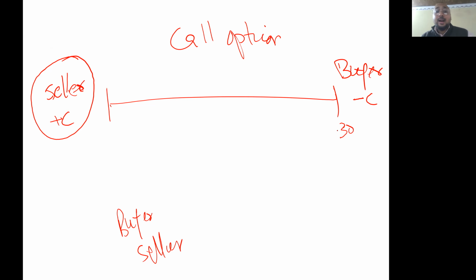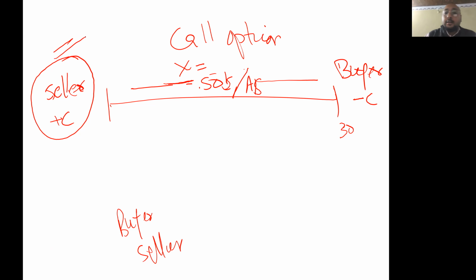Because I bet that after 30 days, if the strike price is $0.50 per Australian dollar, that is the exercise price, as a seller I bet that the price will definitely go down.